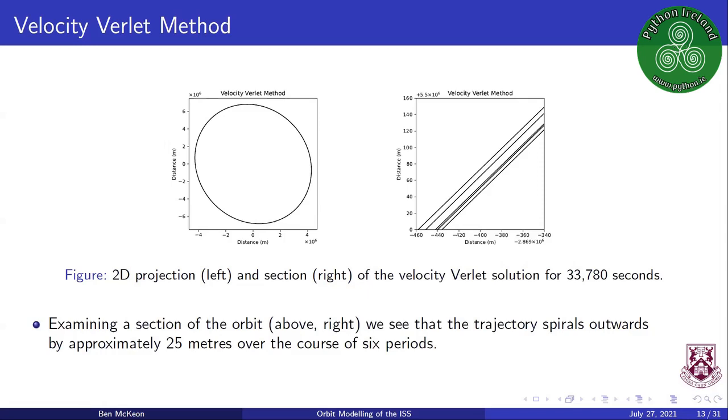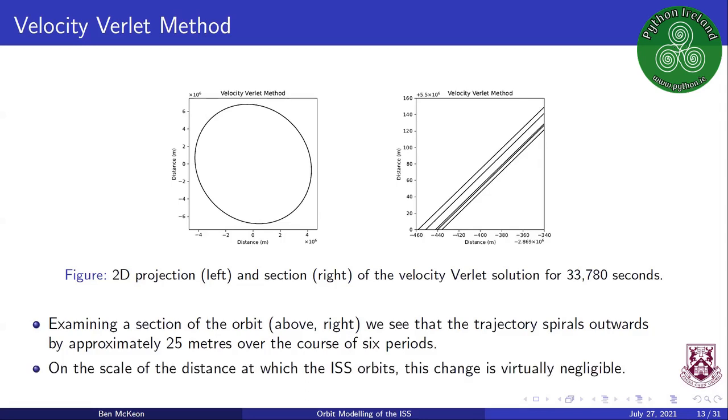The ISS orbits at about 400 odd kilometers above the surface of the Earth. It's not measured from the center of the Earth, but from its point of reference, 25 meters is tiny. It's virtually negligible. So this is a good start.